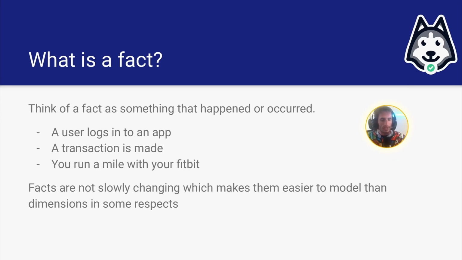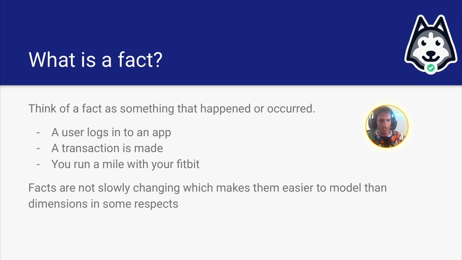So one of the things that's really, really nice about facts though is they don't change. It's like, I took this step at this time, and I can't go back and change that. That's one of the beautiful things. I know that's something I talk about in therapy sometimes: you can't change the past, and facts are just the past.